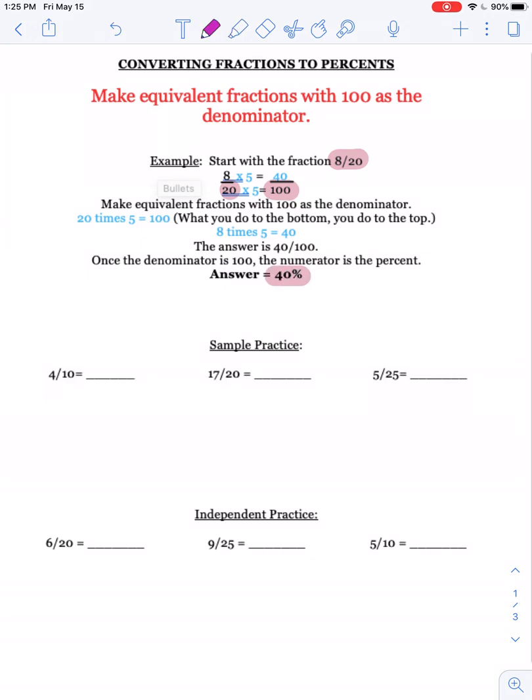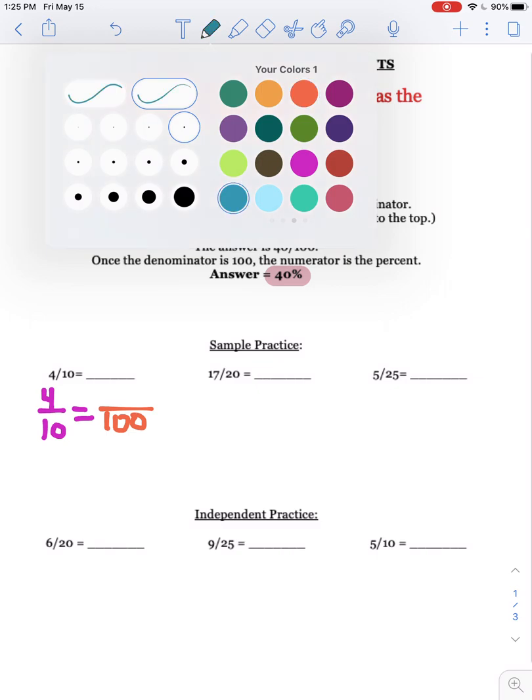So let's do some practice down here with our sample practice problems. Starting with 4/10, I'm going to rewrite it with 100 as the denominator, okay? Because that's our first step. So in order to make equivalent fractions, we have to figure out how we get from 10 to 100.